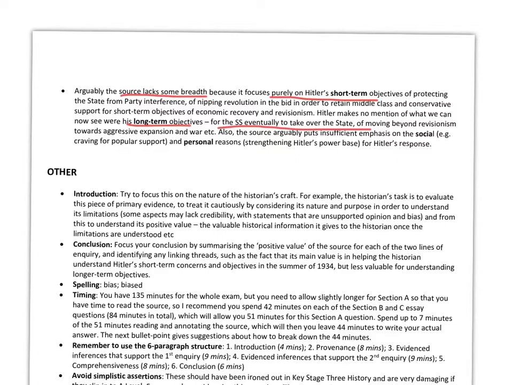So you can argue that in terms of scope, certain aspects of it Hitler deliberately does not mention. He keeps things concealed for the moment, so it doesn't have the full scope that perhaps a historian would want. So it's just getting you to think the way historians would think.